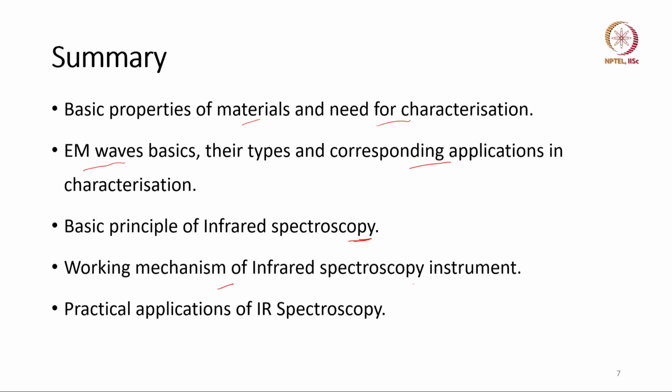So, we talked about that also. Then we talked about the practical applicability of IR spectroscopy in the biomedical field, in the archaeology field, and also in terms of material and chemistry. And finally, we talked about how we can use it in electronics device fabrication also.